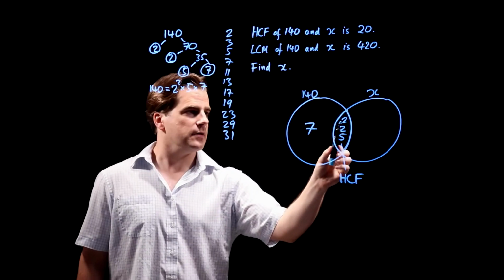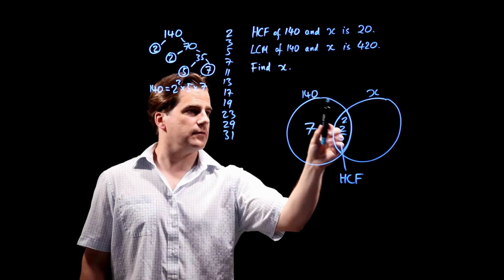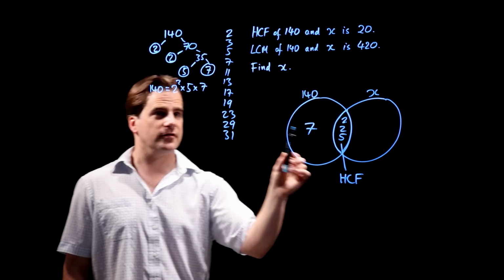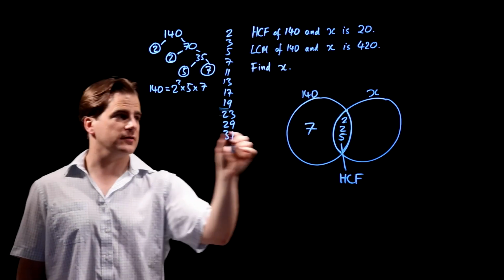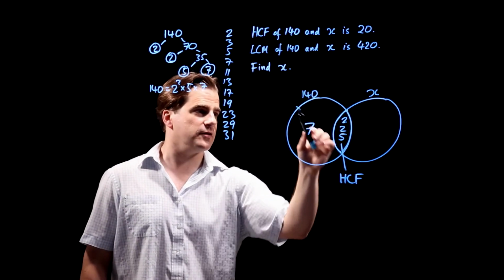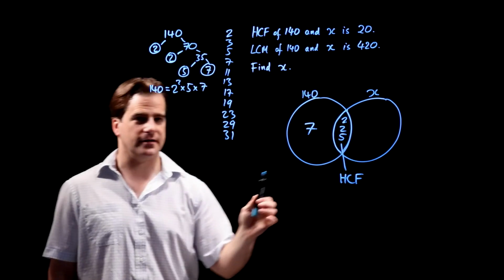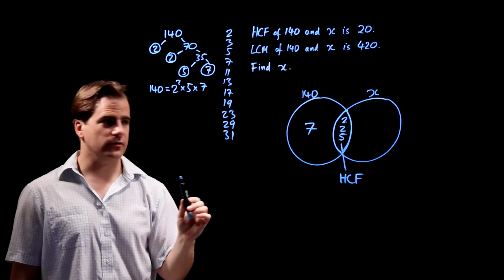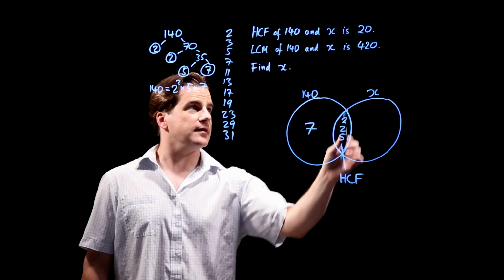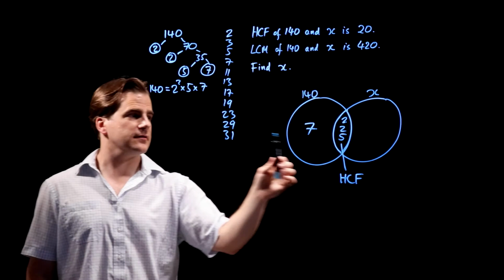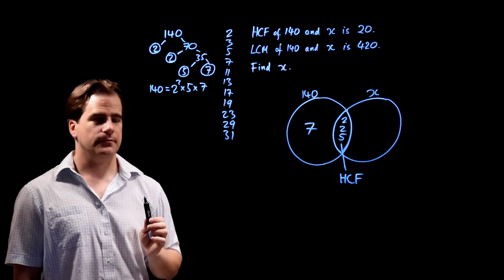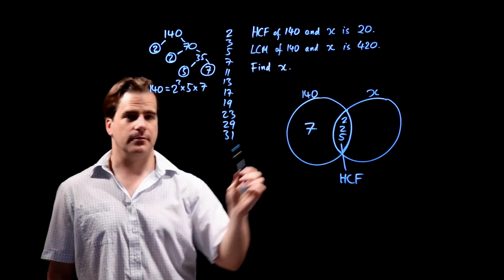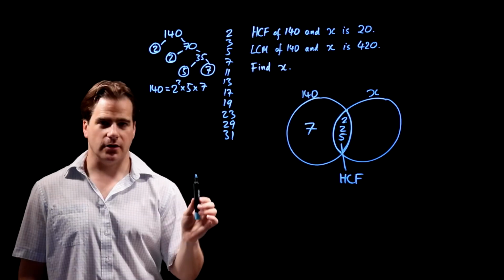All of the numbers in the HCF must come out of 140, because 140 belongs in the whole circle of which this HCF bit is a part. So we look for the numbers in 140 that multiply together to give 20, and that's 2 times 2 times 5. There's only 7 left, so that must go in the outside bit. Okay, good. I hope that's clear.